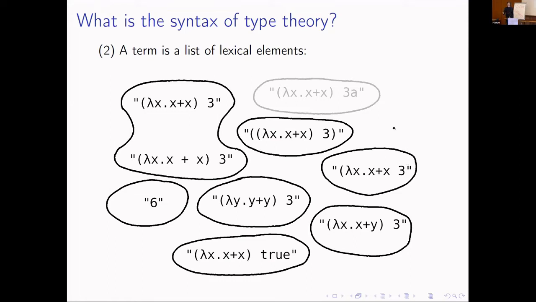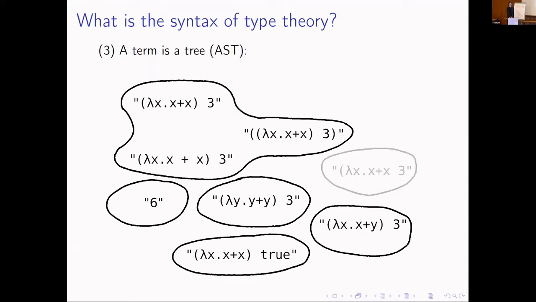So again, instead of saying something about lexical elements, we go to a different level and say that terms are not lists anymore, but some kind of trees, or abstract syntax trees. Then these three things which were different as strings are now exactly the same. They are represented by the same tree. And this one, which didn't have the closing bracket, is not a proper tree at all, so we just exclude it.